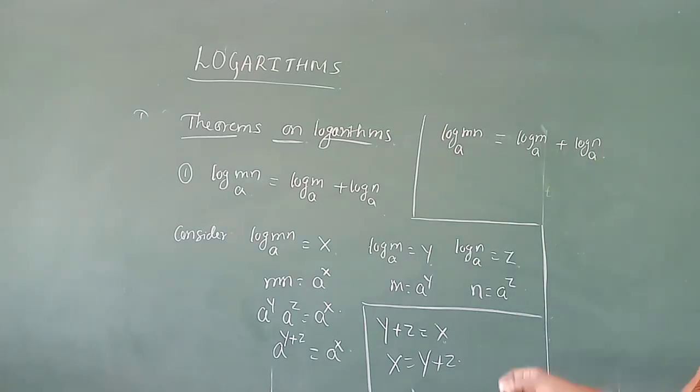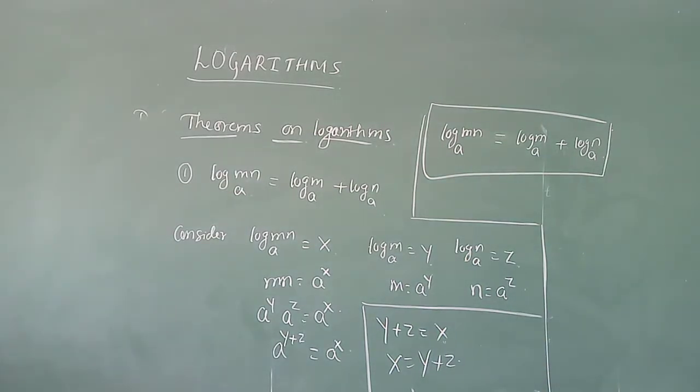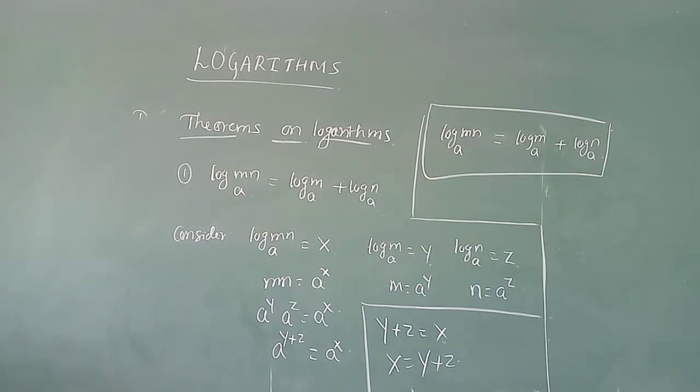We proved this by using the definition of logarithm. By using the definition of logarithm, we proved log of mn to the base a is log m to the base a plus log n to the base a.